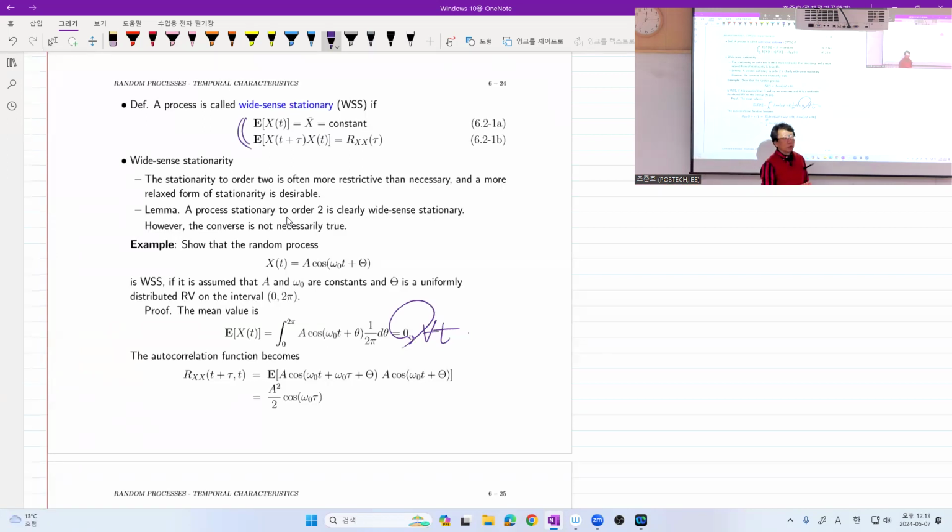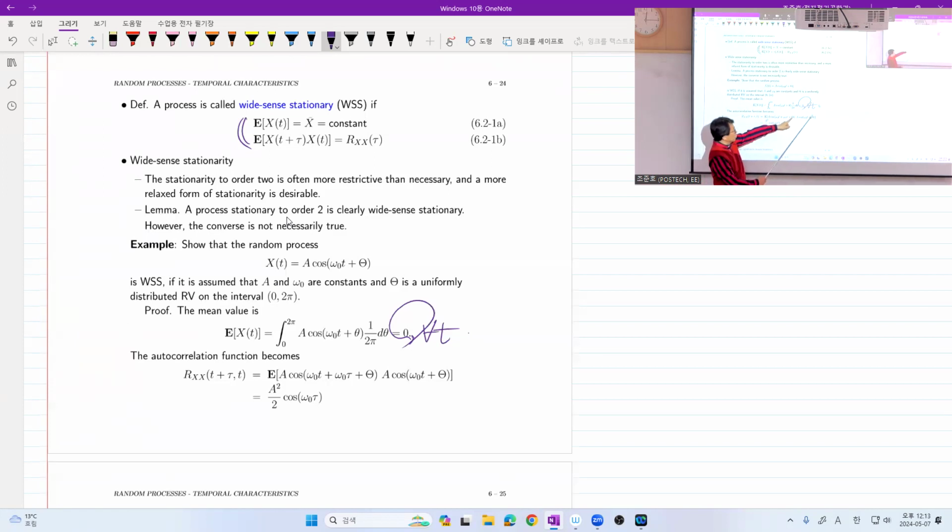What about the autocorrelation function? That requires you to use a trigonometric identity, but just take a look at that. It's high school math. So by definition, you have A cosine of omega (t plus tau) plus theta, times A cosine of omega t plus theta. Now, what is random? Only theta is random.